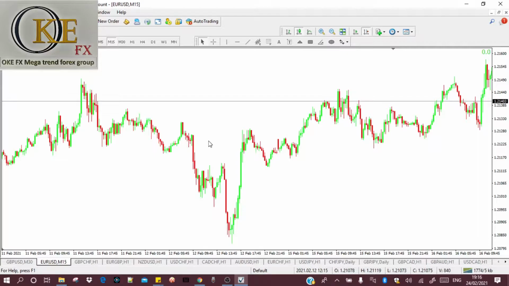But the question here is this: how do you apply this support and resistance in your trades, and how do you use this support and resistance in order to get the best out of your trades? And that is exactly what I will be revealing in this video.